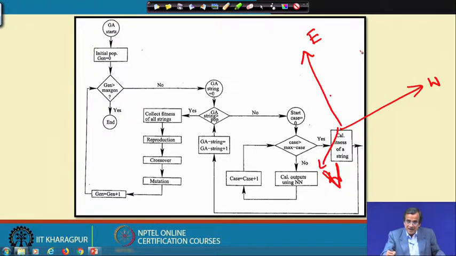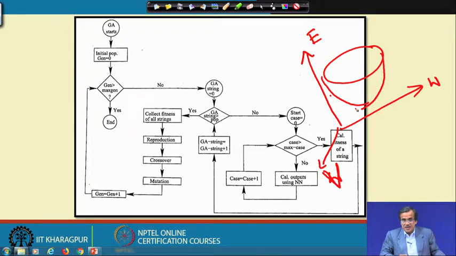This could be one unimodal function, which is very regular. Fortunately, if I get this type of error function during training of the network, then the back propagation algorithm, which works based on the steepest descent algorithm, could be even better compared to the GA tuned or the GA evolved network.